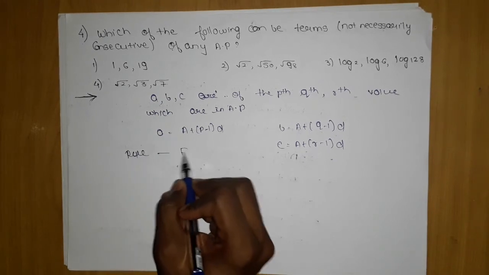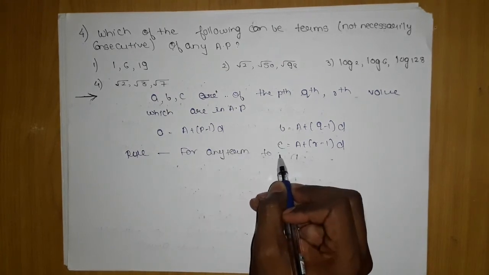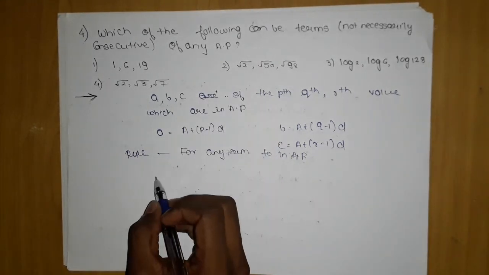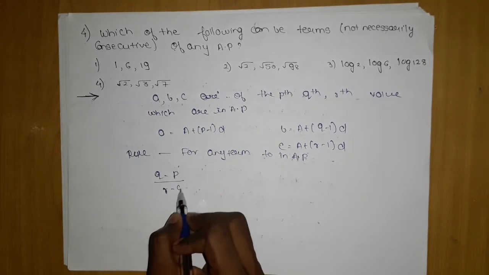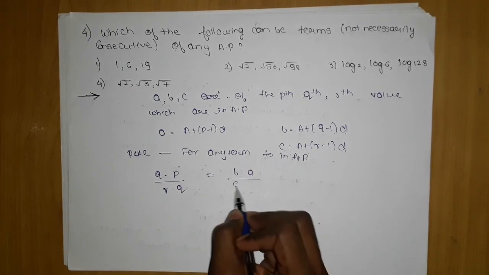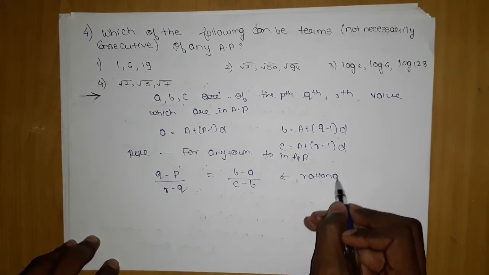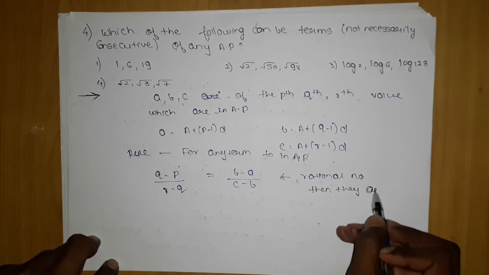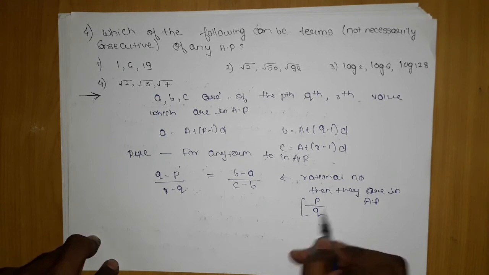For any terms to be in AP, not necessarily consecutive, Q minus P upon R minus Q should be equal to B minus A upon C minus B. If it is a rational number, remember this, then they are in AP. Rational number means a number in the format of P by Q.